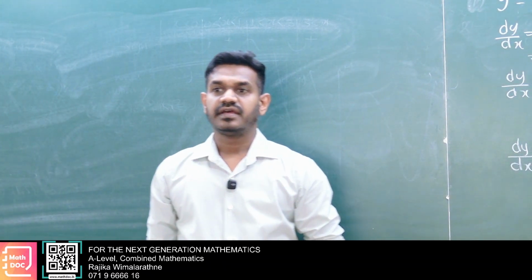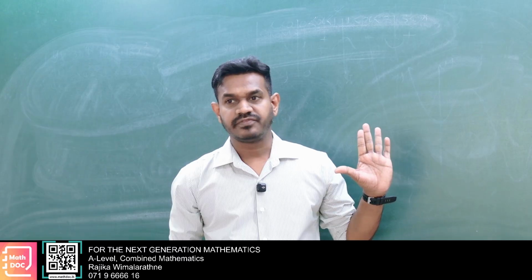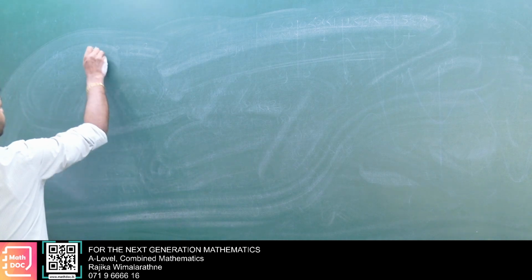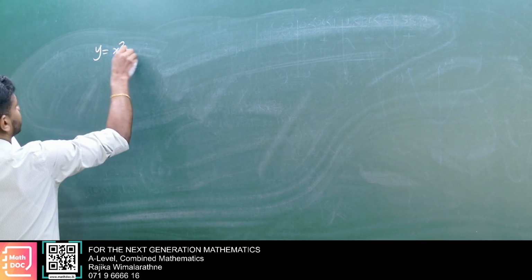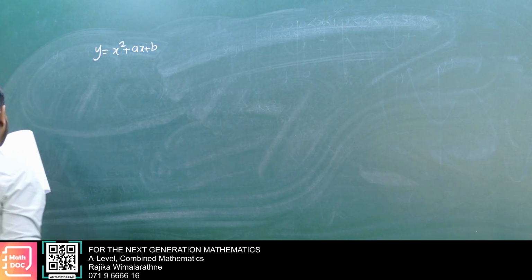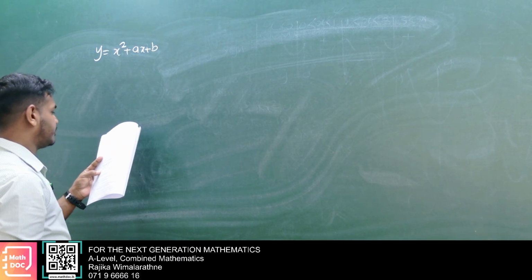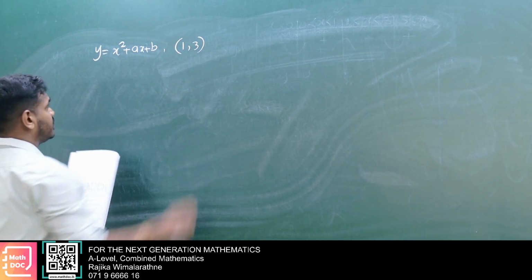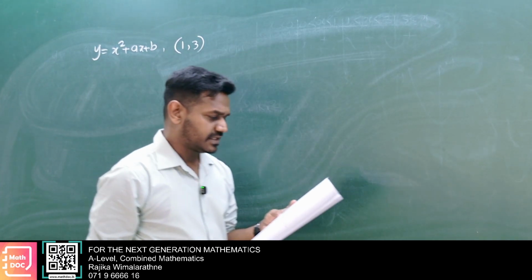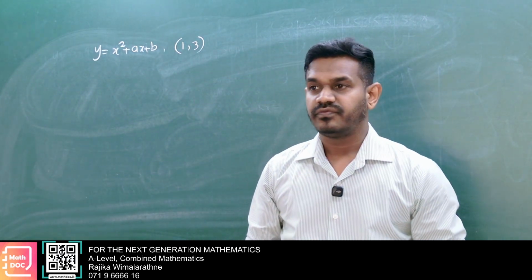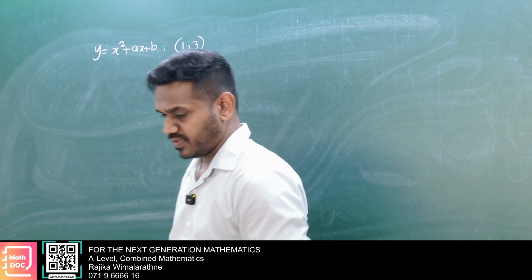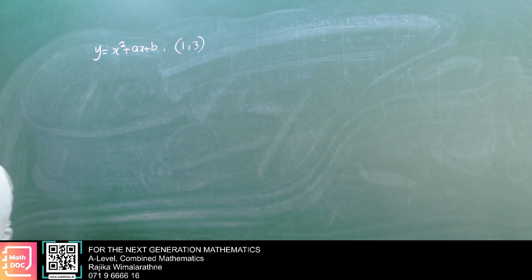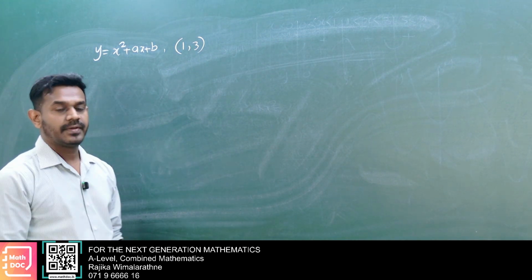Write this down: if the function y equals x squared plus ax plus b has a turning point 1, 3, find a and b. You think and try.